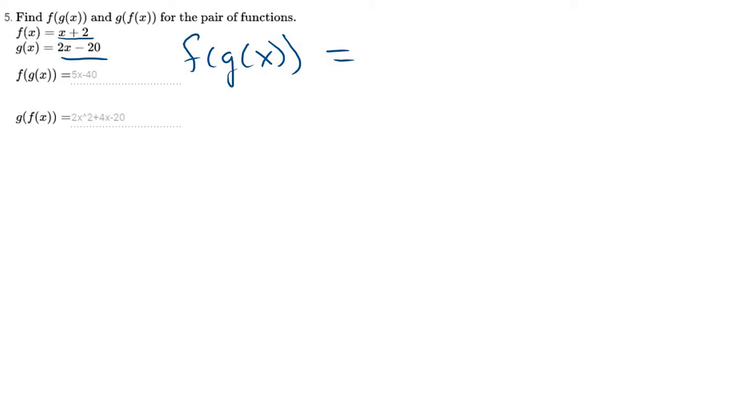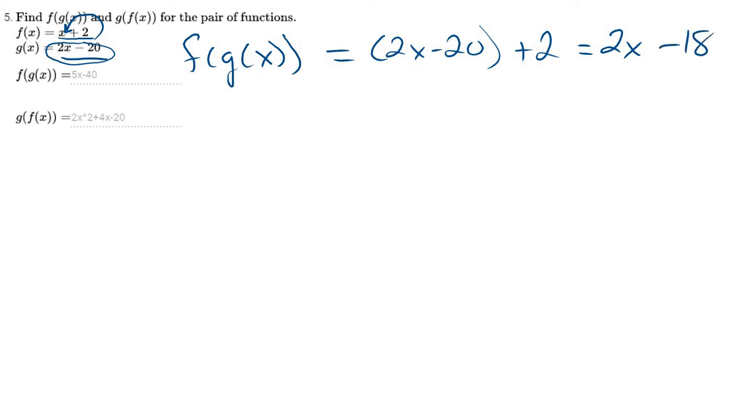So I'm going to take 2x minus 20, this whole thing, and I'm going to plug it in for x in my f of x equation. So I'm going to have 2x minus 20, that replaces the x, plus 2. Then let's just simplify that. So 2x, of course there's no other x terms there, negative 20 plus 2, so that would be minus 18.